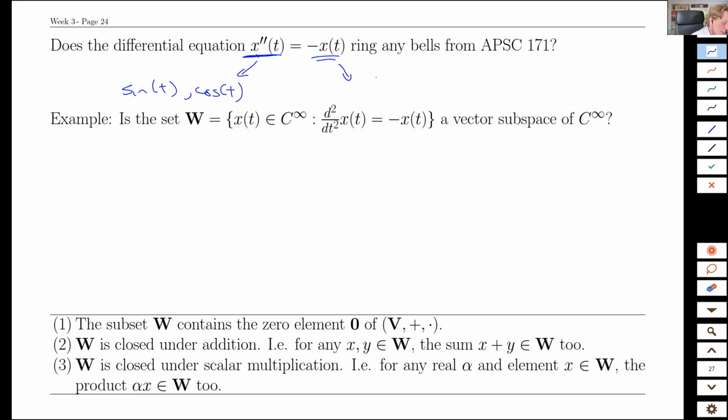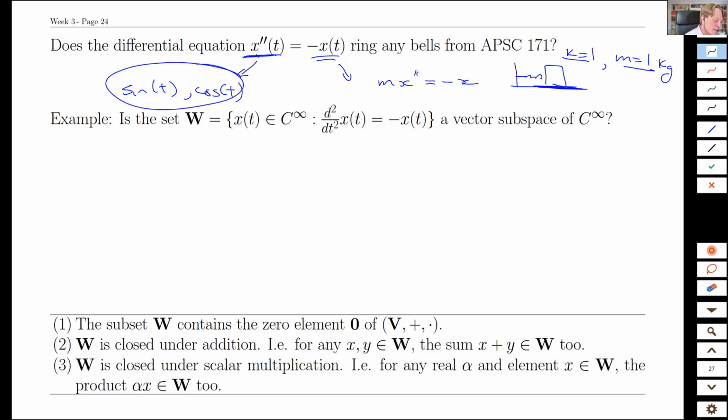And there's also the answer that it's all the motions that satisfy a spring system: spring, mass, with a spring constant of 1 and a mass of 1 kilogram. So if you want to describe the motion back and forth of a mass attached to a 1 Newton per meter spring and 1 kilogram mass, it's going to be sines and cosines.